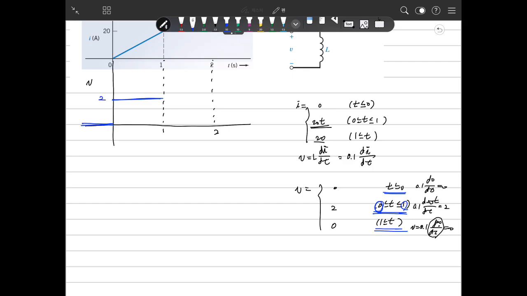After 1 second, this is 0. So this will be the result here.